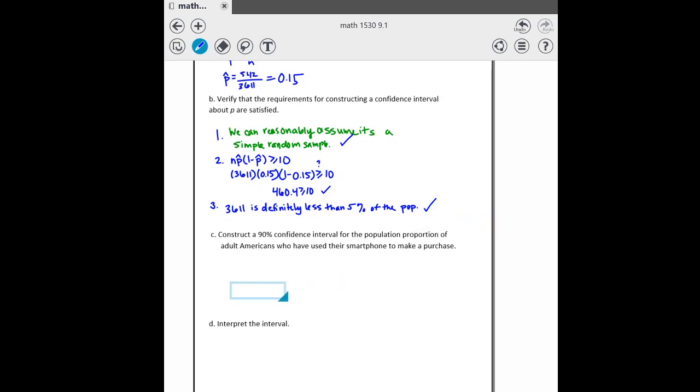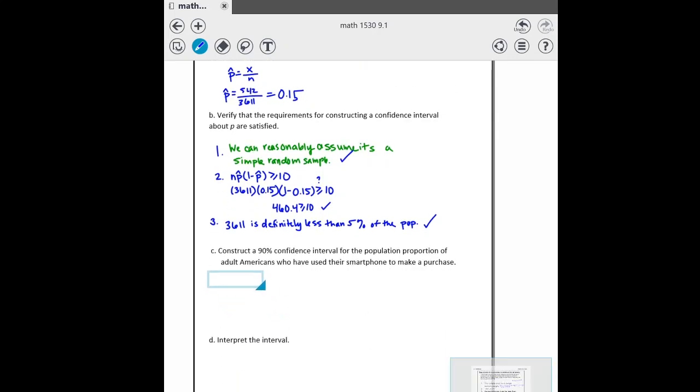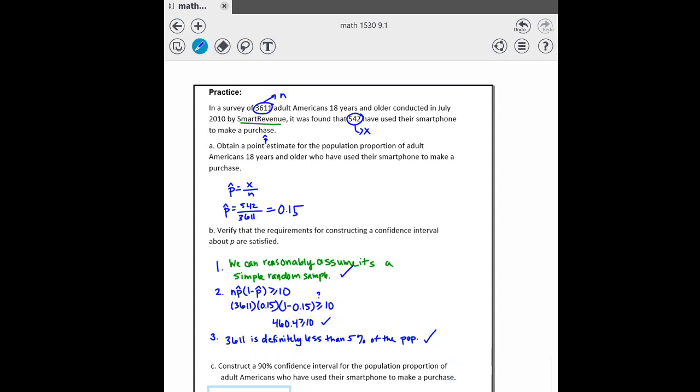So it says construct a 90% confidence interval for the population proportion of adult Americans who have used their smartphone to make a purchase. So let's go back up here, read this whole thing. I just want to make sure. Yeah, okay. So I'm going to show you how to do this in StatCrunch. This one we can't just do by hand the way that we have been doing because it didn't tell us what E was in here.